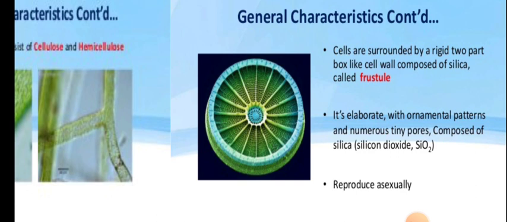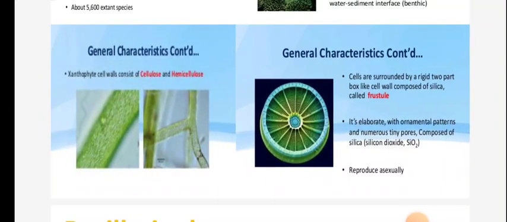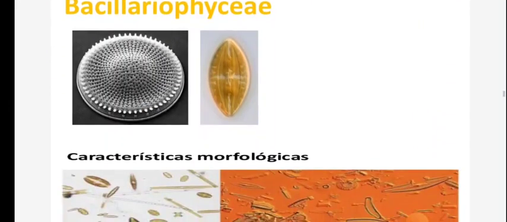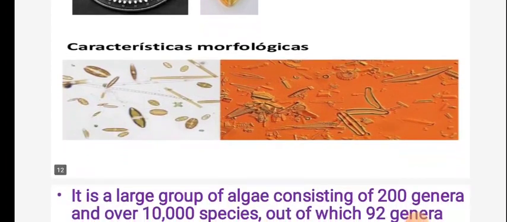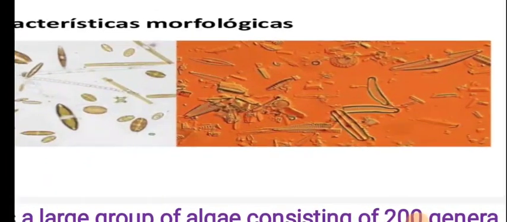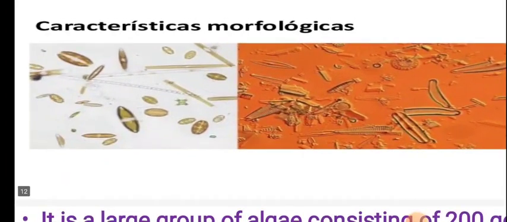Numerous tiny pores are there, and it is composed of silica, silicon dioxide, SiO2. All these reproduce asexually. Then in Bacillariophyceae, these are some photographs of diatoms. You see the different shapes and sizes. In yesterday's lecture we have seen all this.